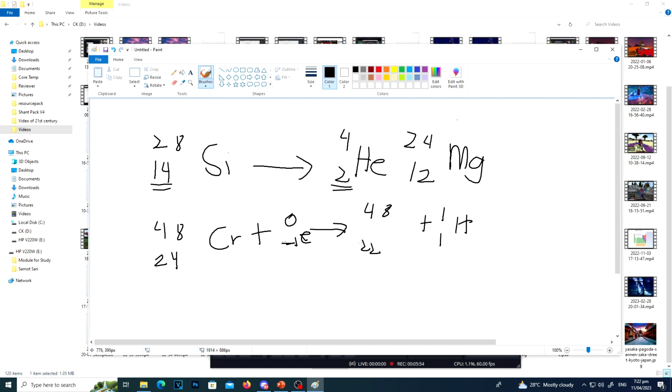It's going to be 22. What is 22 in our periodic table? There we go, the periodic table. 22 is Ti, titanium. This is the answer. If we convert it like this, it's going to be 140 grams. That's the answer to this equation.